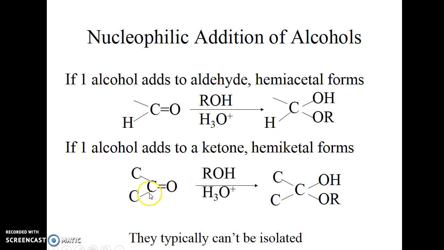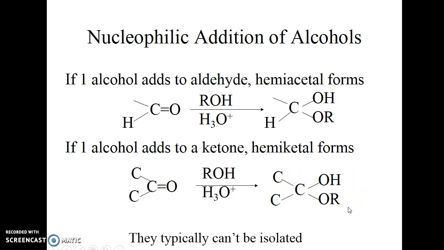If I take a ketone and add the alcohol across the double bond, what happens is the oxygen does the same thing, adds to the carbon, and the hydrogen in the alcohol group does proton transfer to the oxygen of the carbonyl, and we get an alcohol and an ether group here, and we call this a hemiketal.